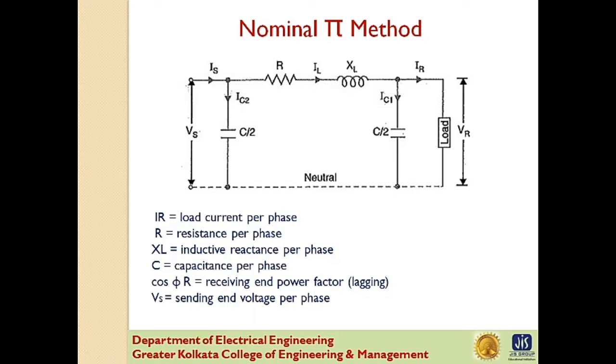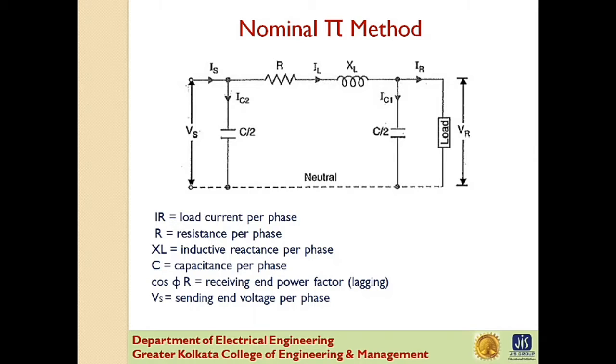It is obvious that the capacitance at the sending end has no effect on the line drop. However, its charging current must be added to the line current in order to obtain the total sending end current.